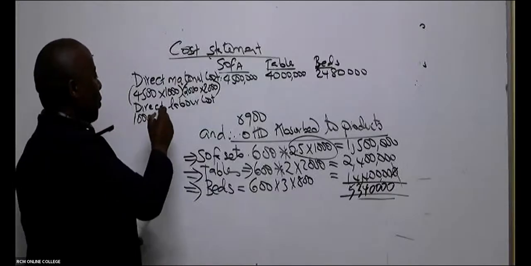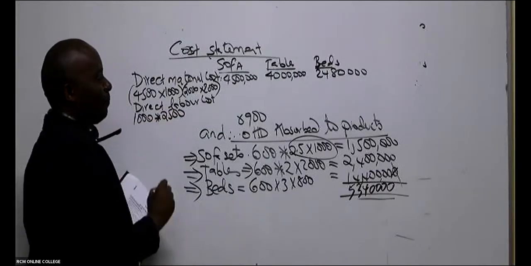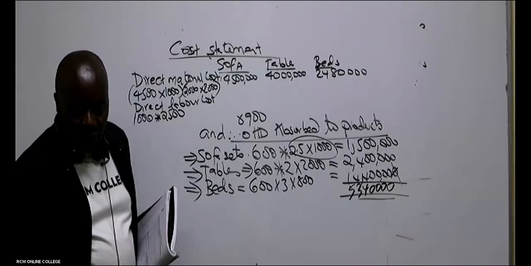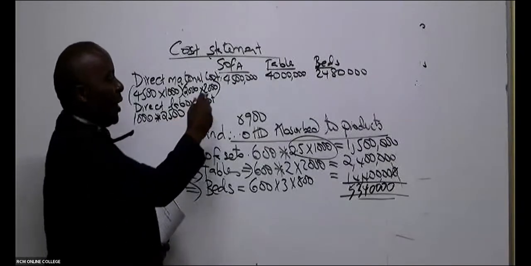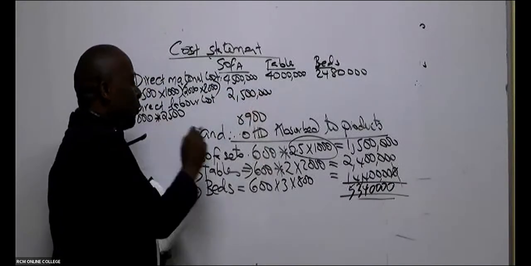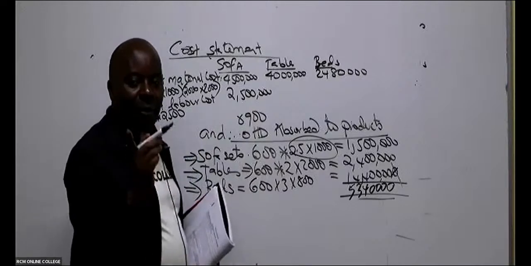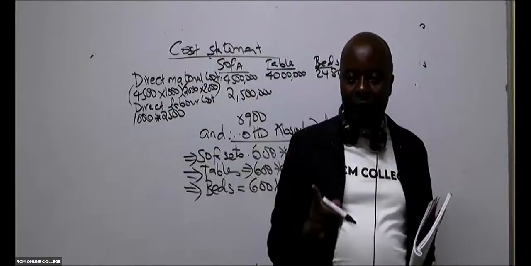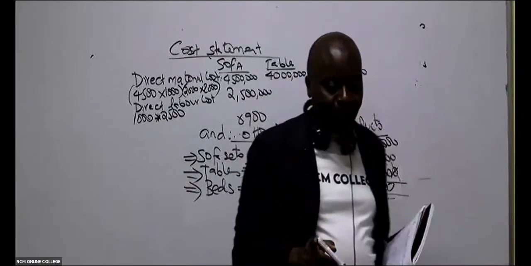So it will be 1,000 times 2.5. And I'm able to get those answers from these online ninjas as well. They are telling me it is 2.5. Thank you, but remember, 2.5 is per sofa set. Remember, we are doing a cost statement for the whole company.